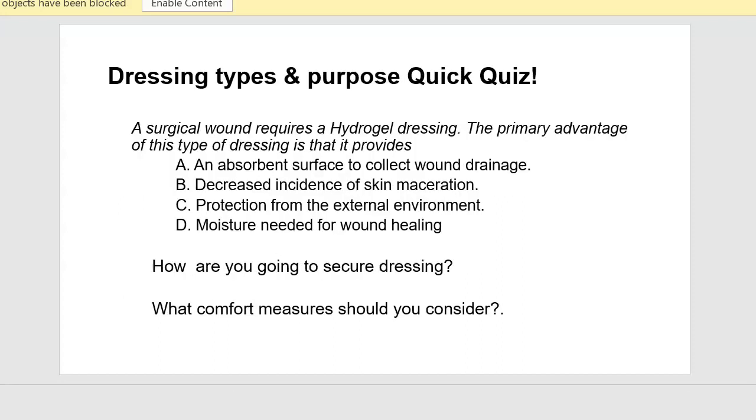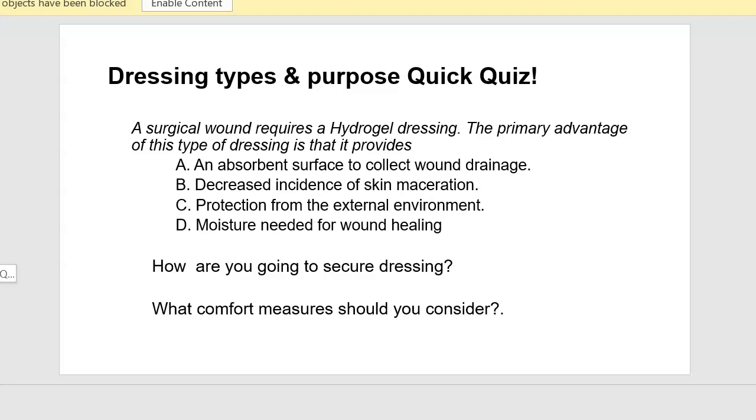There are so many different types and brands of dressing. I know you got a chance to look at some of them in your CSC lab, but I'm going to talk about a few of them here. There are dry dressings and moist dressings. Most are pretty easy to apply.